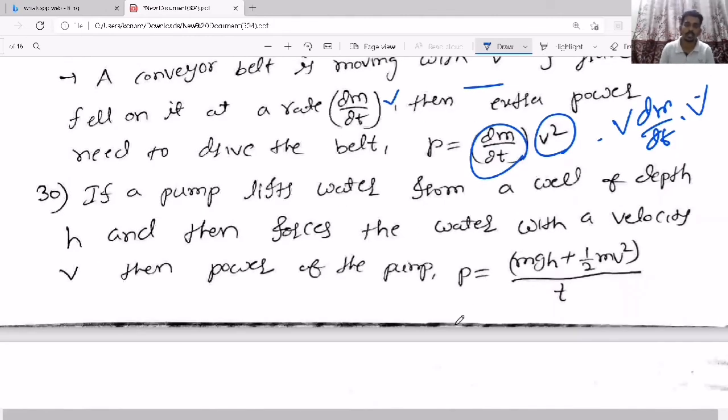Such kind of simple questions they can ask you. If a pump lifts water from a well of depth h, mgh is the work done, and with a particular velocity v, kinetic energy half mv square. So the total energy is mgh plus half mv square, and the total energy by total time t is called power.